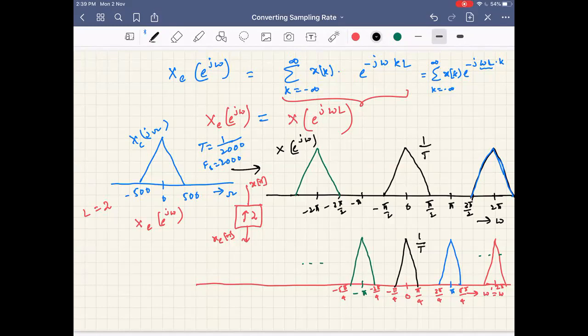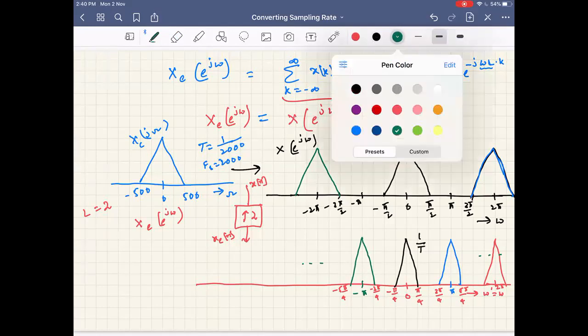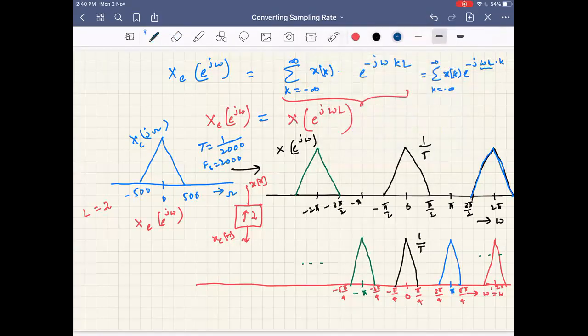Because of the expansion in the time domain, what is the implication in the frequency domain? The spectrum compresses in the frequency domain. If you see the range minus pi to pi in the frequency domain, for example here to here, this is the range we have to see because it is periodic with 2 pi.